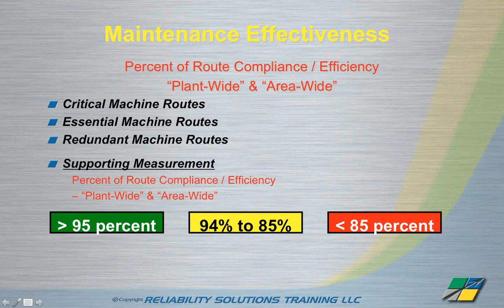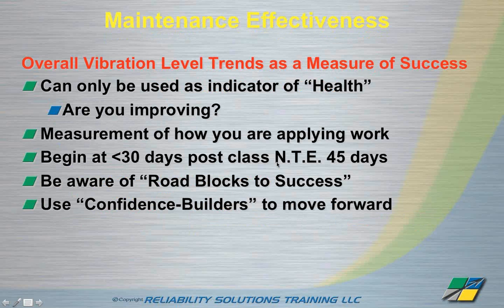And again, you could report this plant-wide at the strategic level and area-wide at the tactical level. The overall vibration trends are not really an indicator of health. They're just an indicator of, are you improving? Are you getting better? Okay, there's a definite relationship between the way machines run reliably and their vibration level.